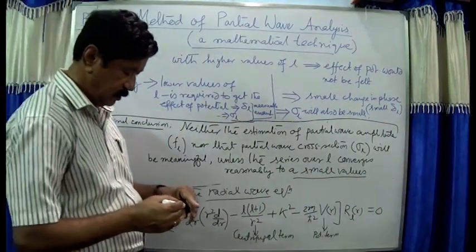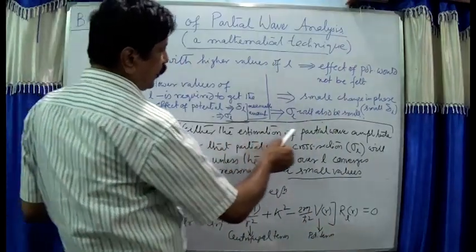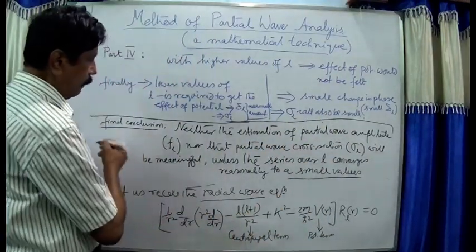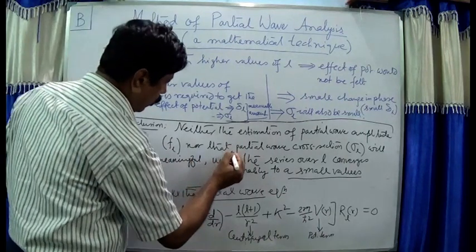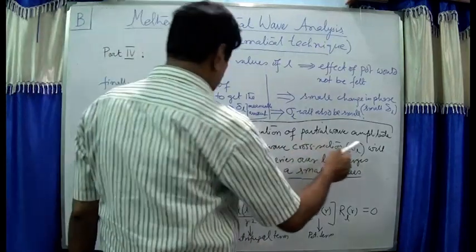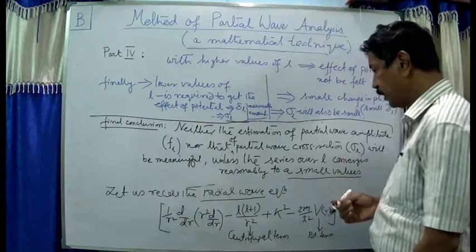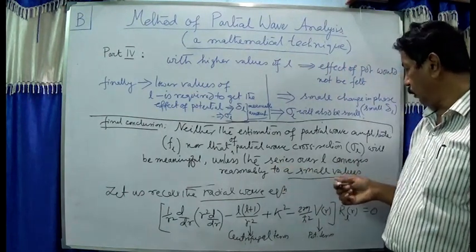Okay? So, what I like to say, neither the estimation of partial wave amplitude FL nor that of partial wave cross section will be meaningful unless the series converges reasonably to small values.